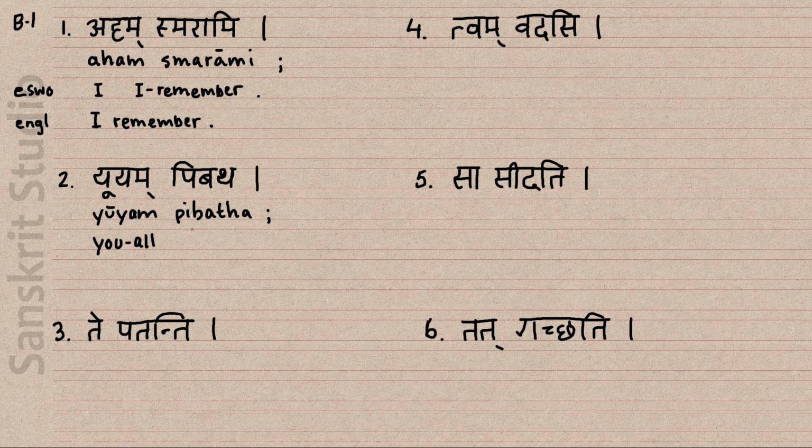We should know this by now. Pibati is about drinking. And who is drinking? Well, the ending ta refers to the you all. So everything seems to match. So the pronoun and the verb match in form.